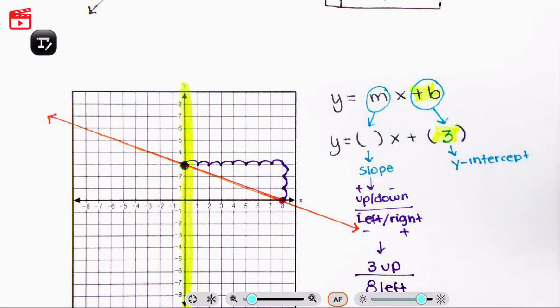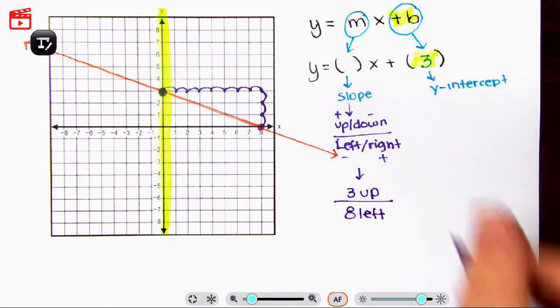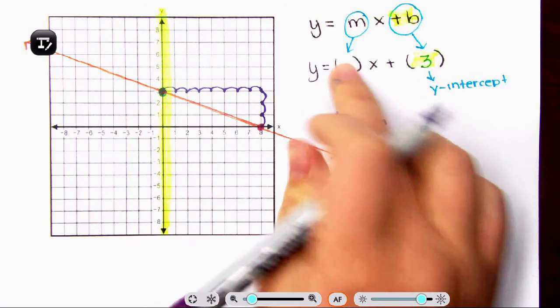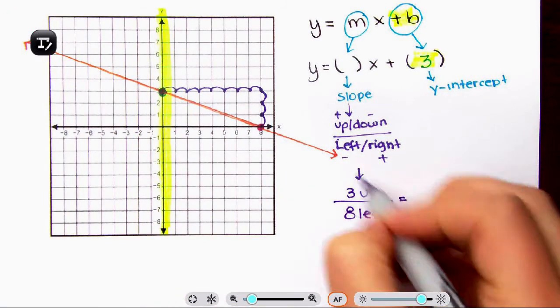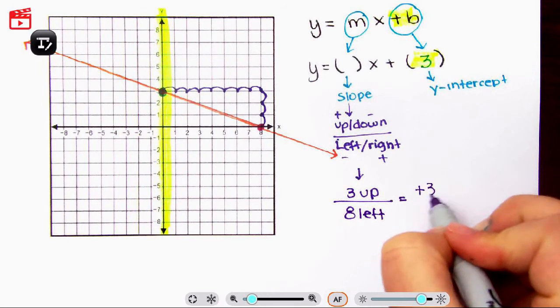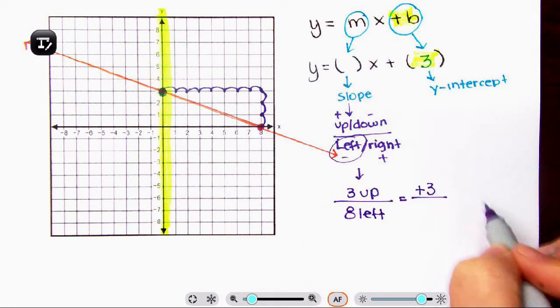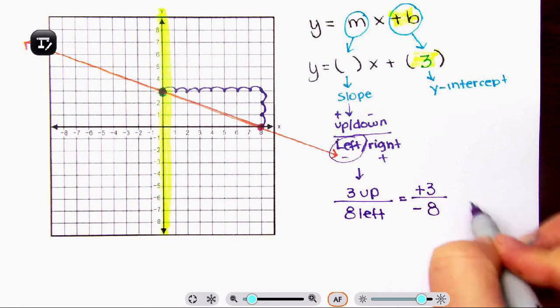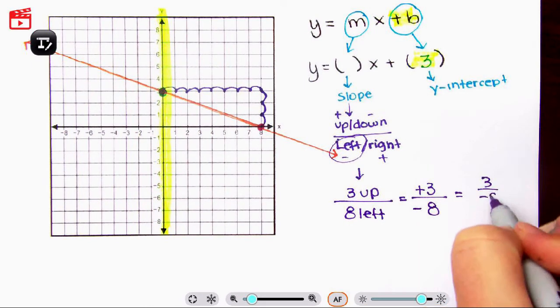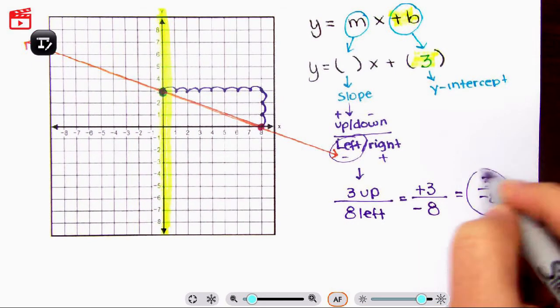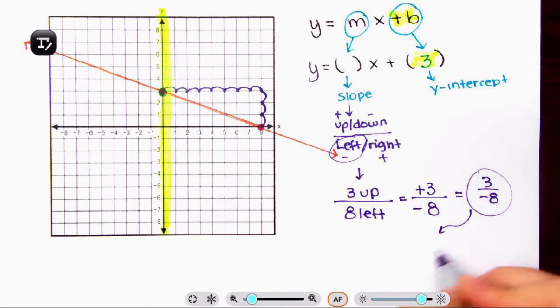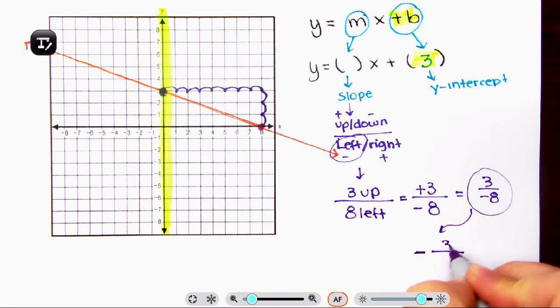Now I have to translate this because 3 up, 8 left can't go in here. Up is positive, so I have 3 positive. Left is minus, so I have minus 8. Now again, you can do 3 over negative 8, that's fine, but mathematicians usually don't do that. We usually just take that negative and put it out in front, so I have negative 3 eighths.